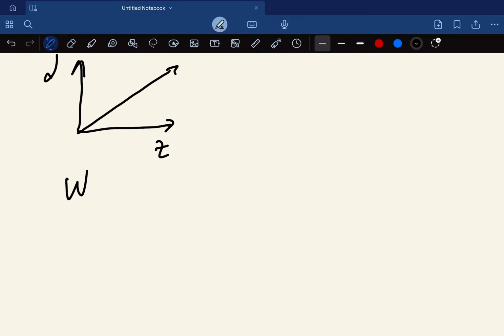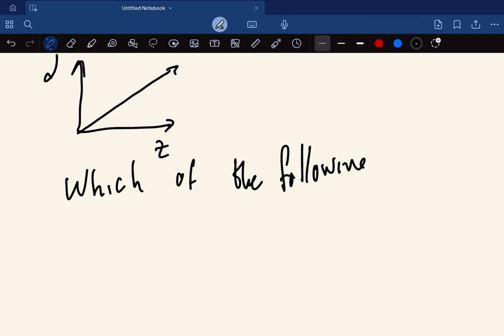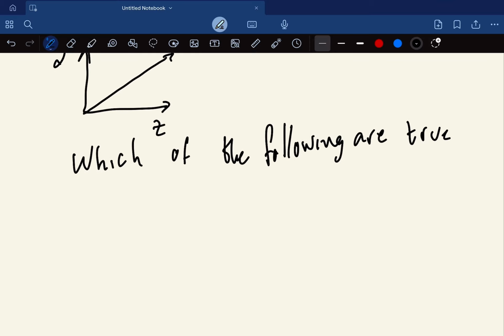Now, which of the following statements are true? So, one is that this graph is or has acceleration.